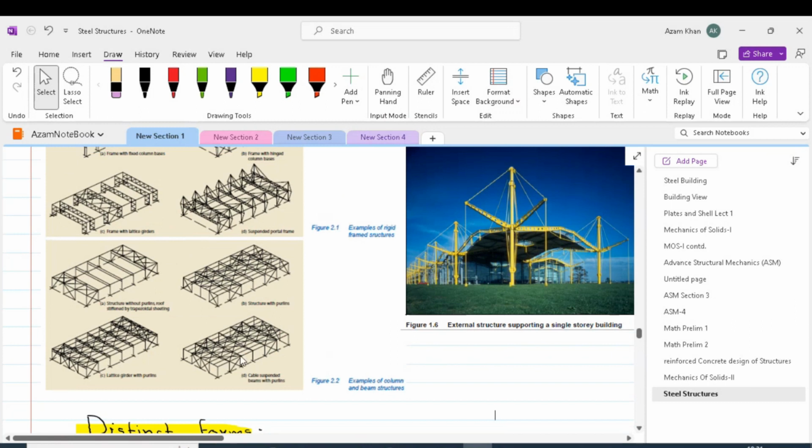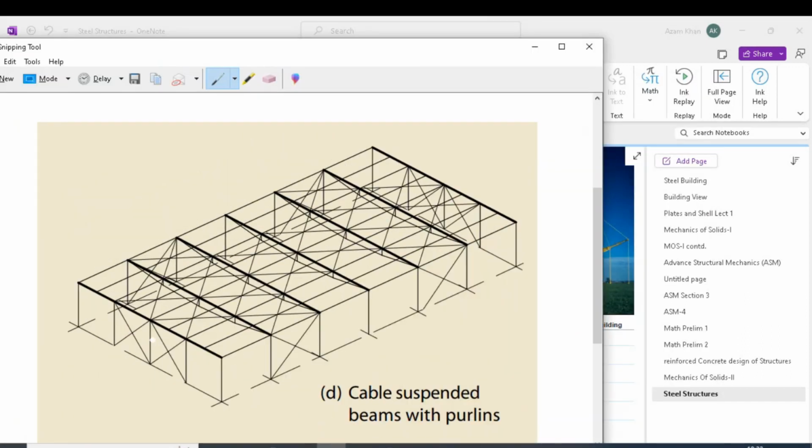In sketch D of this picture, involving columns and beams of simple frames, we have a cable suspended beam with purlins. In the frame of this structure, we have a long span beam which is broken by a cable structure.